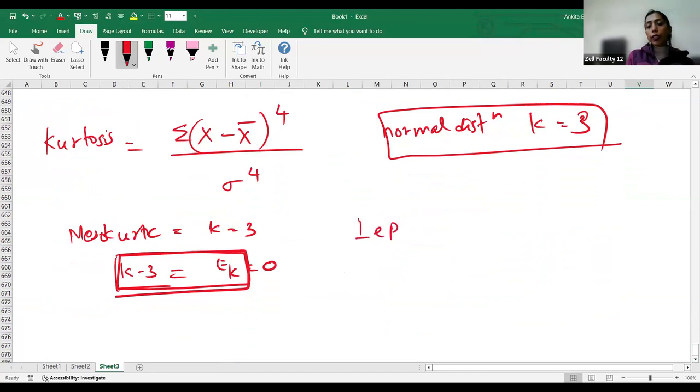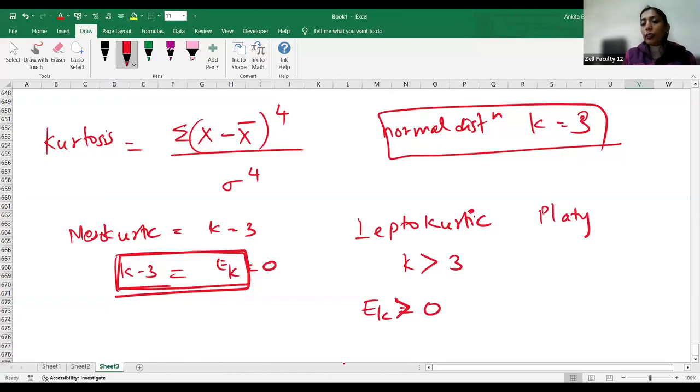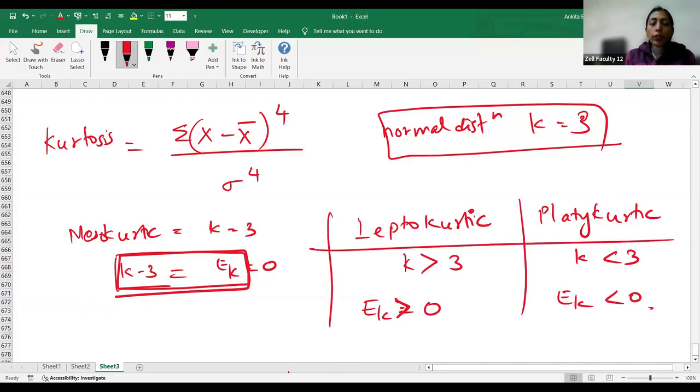For a leptokurtic, it has a peak. Because it has a peak, we say that the kurtosis is greater than 3. Therefore, the excess kurtosis will be greater than 0. While in a platykurtic, the kurtosis would be less than 3, and hence excess kurtosis would be less than 0. Okay. Now, what do we basically understand using these platykurtic and leptokurtic curves?